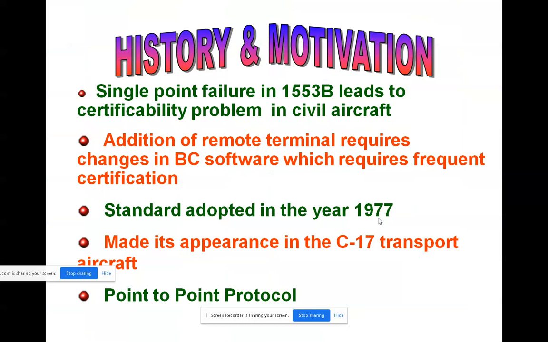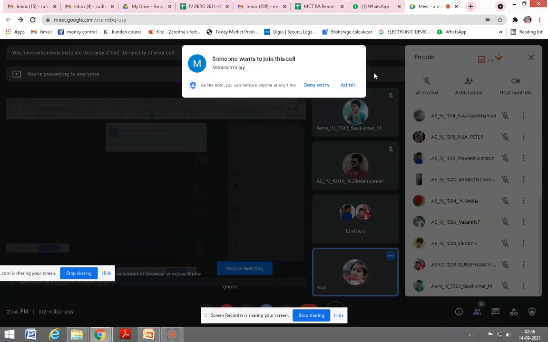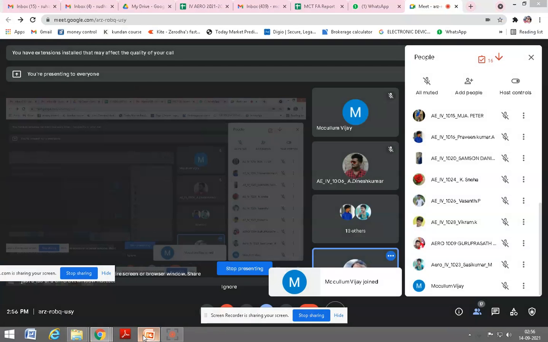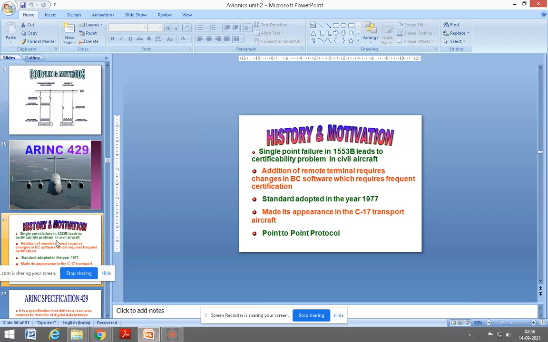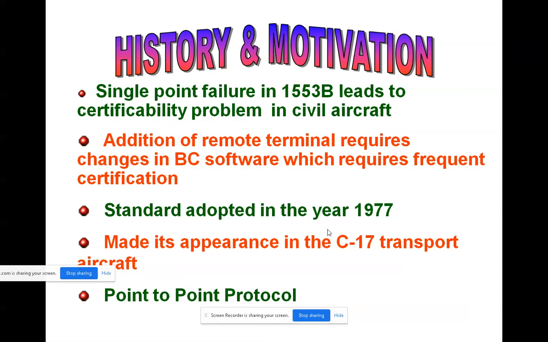So the history of ARINC is: a single point failure in 1553B leads to a certifiability problem in civil aircraft. The military standard 1553B has a single point failure that will be overcome by this standard.